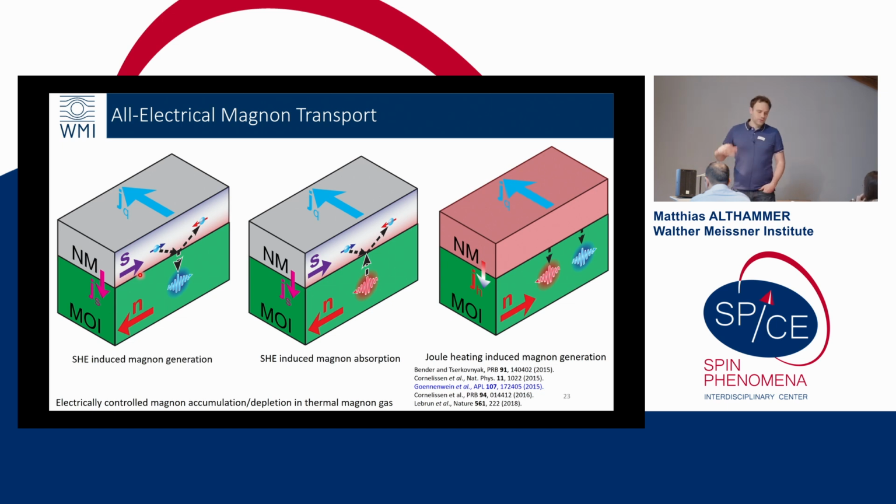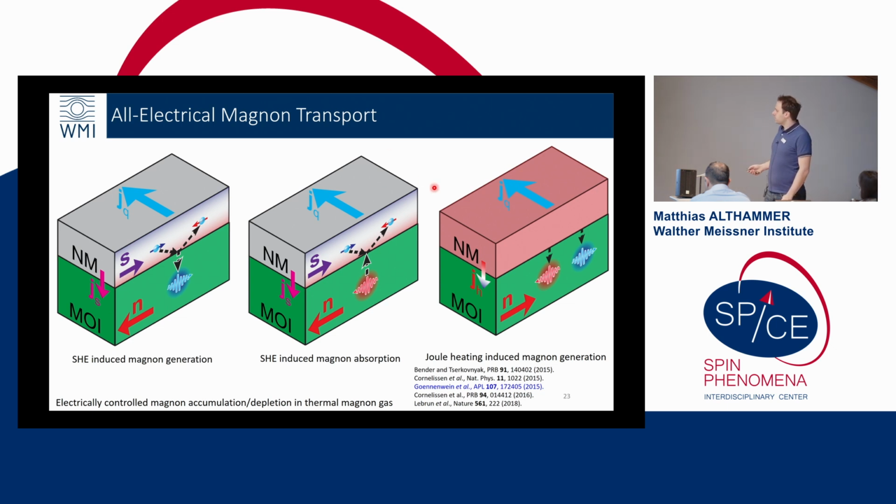If you now have finite temperature, so you get some thermal magnon population in your system, you can directly access this thermal magnon bath and interact with it at this interface. So if there's electron spin flip scattering, you can generate a magnon, or you can absorb a magnon with opposite chirality in the system. And with this, you change locally the thermal magnon gas, so we get a higher or a lower occupation in the system.